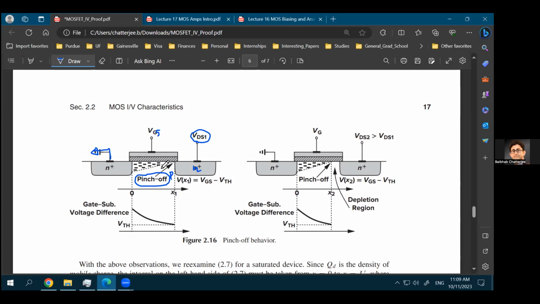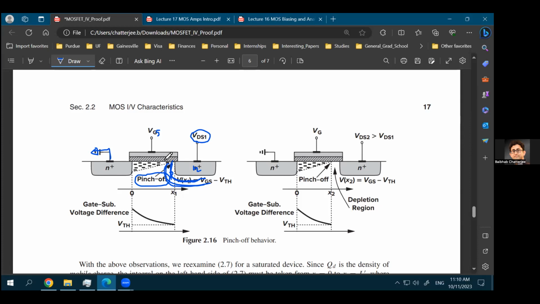reverse biased. What happens when you have a reverse bias PN junction is that you have a wider and wider depletion region. What depletion region means is that there will be no majority charge carriers within the depletion region. So as you are applying a higher amount of VDS, the depletion region around the drain will keep on increasing in width, which means that there would be less and less charge carriers, in this case electrons, within the depletion region, because that's the definition of depletion region.